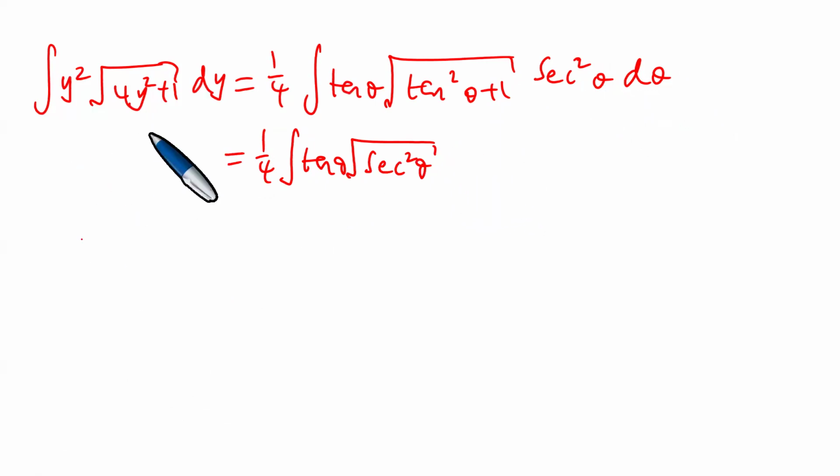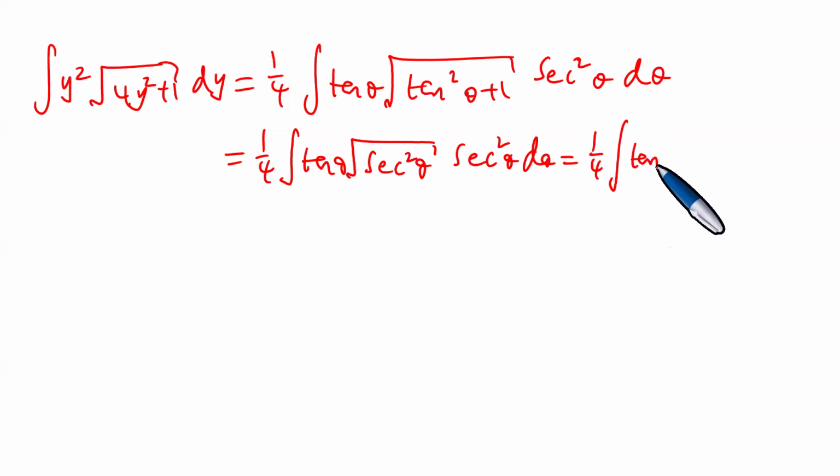The aim is to evaluate the integral, and then we'll plug in the limits. So this becomes the secant squared d theta, and this is 1/4 the tangent of theta. The square root of this becomes the secant of theta times the secant squared, which is the secant cubed of theta d theta.